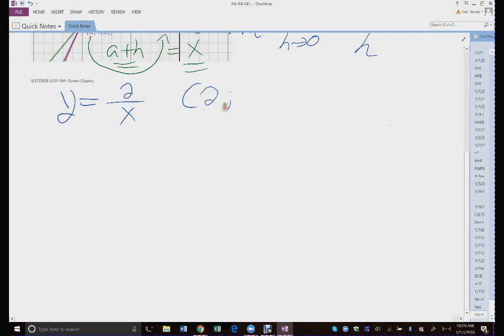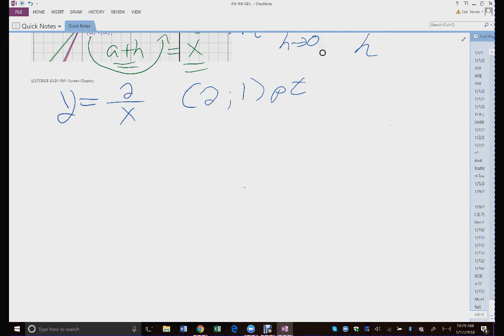So if I plug in 2, 2 divided by 2 is 1. So there's a point, and that is a point on this function, and I'd like to find both the slope of that tangent line as well as the equation of that tangent line. So we're going to apply our theorem.